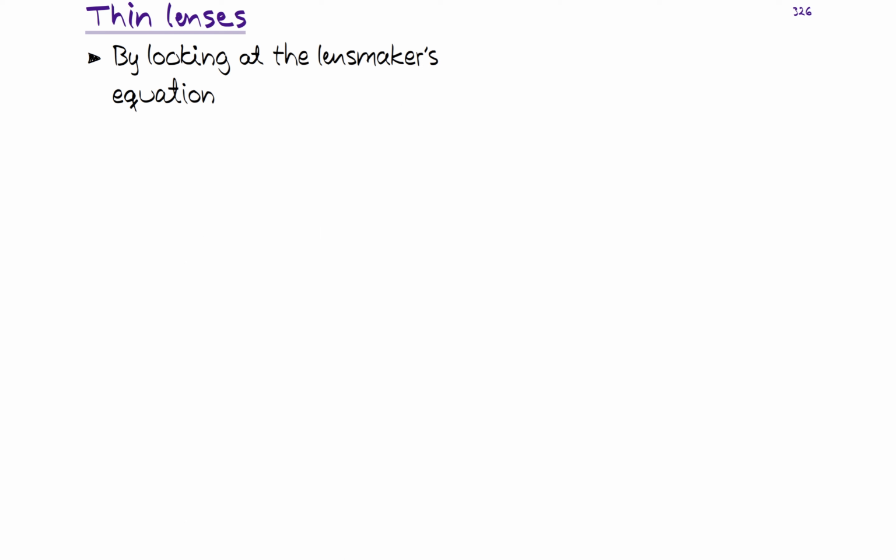And looking at the lensmaker's equation that we just discovered in the previous slides, we can even calculate the inverse of the focal length, 1 over F, as NL divided by NM minus 1, times 1 over R1 minus 1 over R2. So by looking at this equation we can see that we can control quite easily the actual focal plane of my lens.